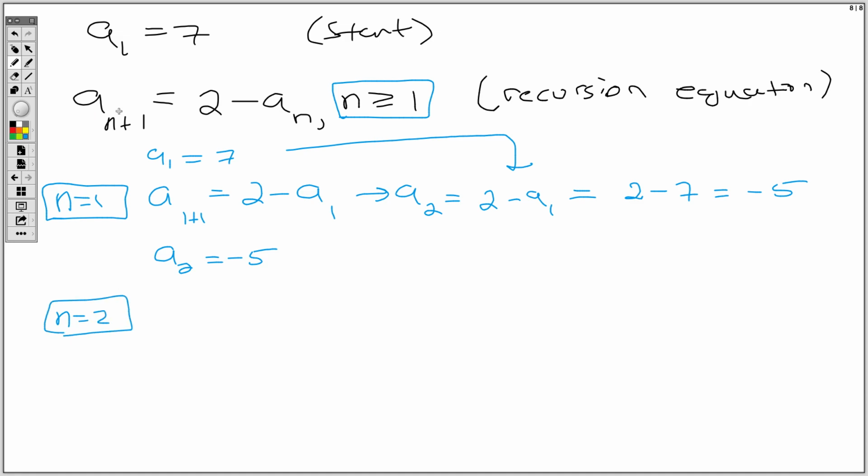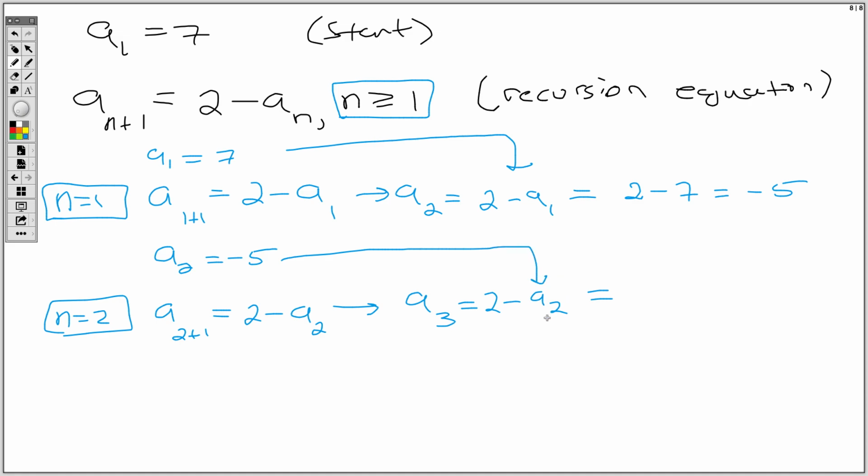Now plug n equals 2 into the recursion equation. a sub 2 plus 1 is equal to 2 minus a sub 2. In other words, a sub 3 is 2 minus a sub 2. Where's a sub 2? 2 minus negative 5. a sub 3 is 7.